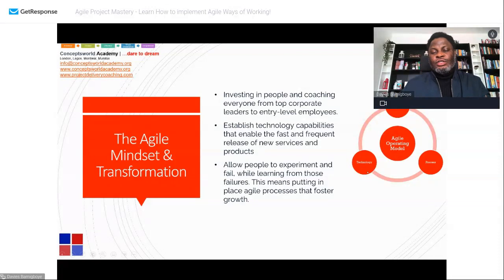Number two, technology. There must be technology in the company that allows for fast, frequent release of new services and products. For example, in the IT world, you might have heard about DevOps. DevOps is a framework. It means developers and operations.